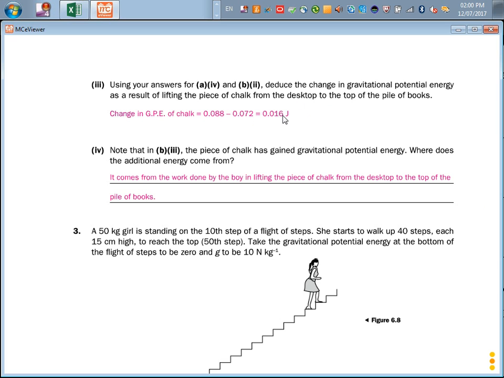Who provided this energy? Yeah, it has to be the boy, because the boy is the only person touching the chalk, right? So the boy is providing the energy, the boy is doing work. So this additional energy came from the boy lifting it up. Am I going too fast?